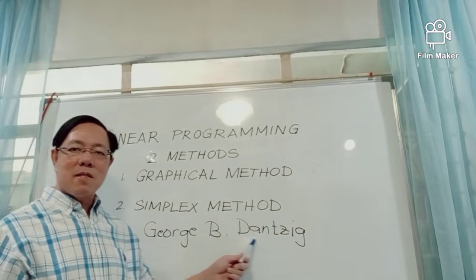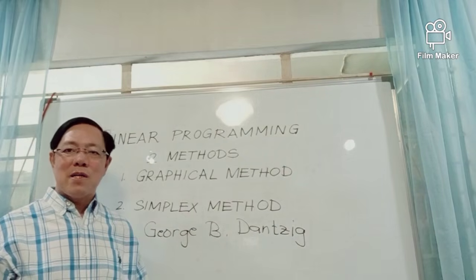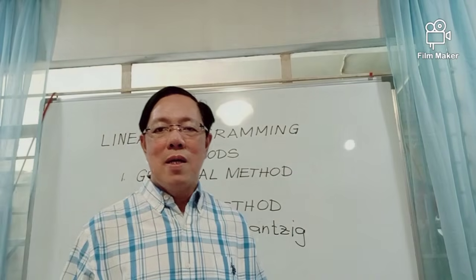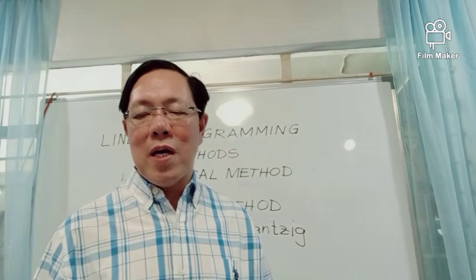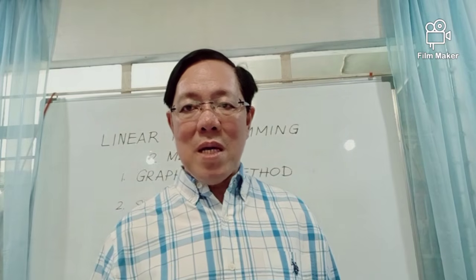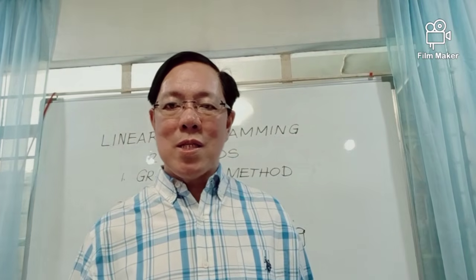George B. Danzig developed the simplex method, the generalized technique for solving linear programming problems. It can be used to solve a linear program with more than two decision variables. But the graphical method can be used only for linear program with two decision variables.